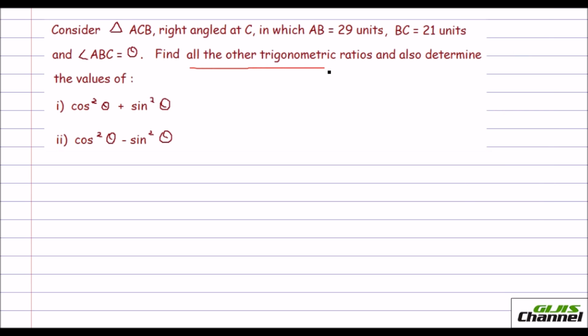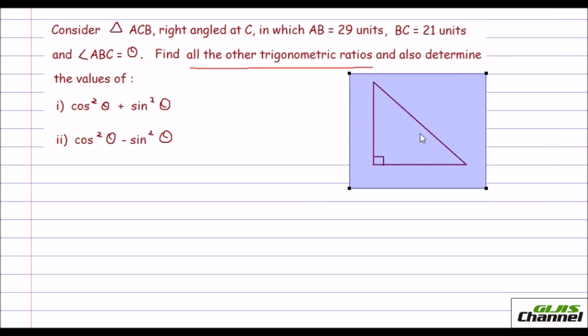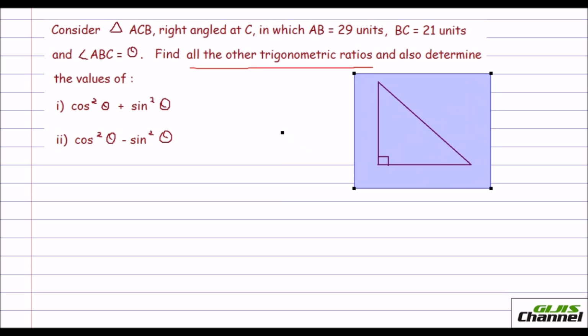First, finding out the trigonometric ratios. Okay, let's mark all that is given here. So they say the triangle is ACB, right angled at C, right? So the right angle should be at C. Now they say AB is 29 units, so this one is 29 units, and BC they've given as 21 units.